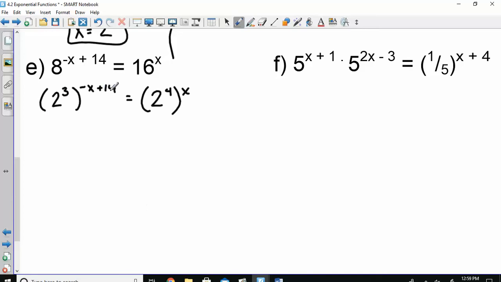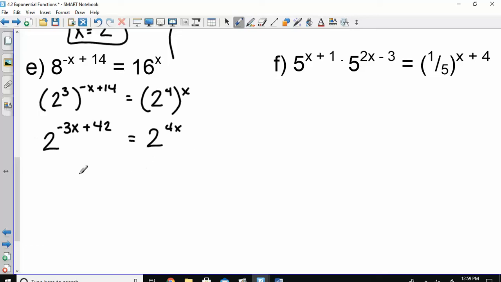So then with these exponents, make sure you're writing it correctly, because what do I have to do with these exponents now? Multiply them. So we get 2 to the negative 3x plus 42 equals 2 to the 4x.